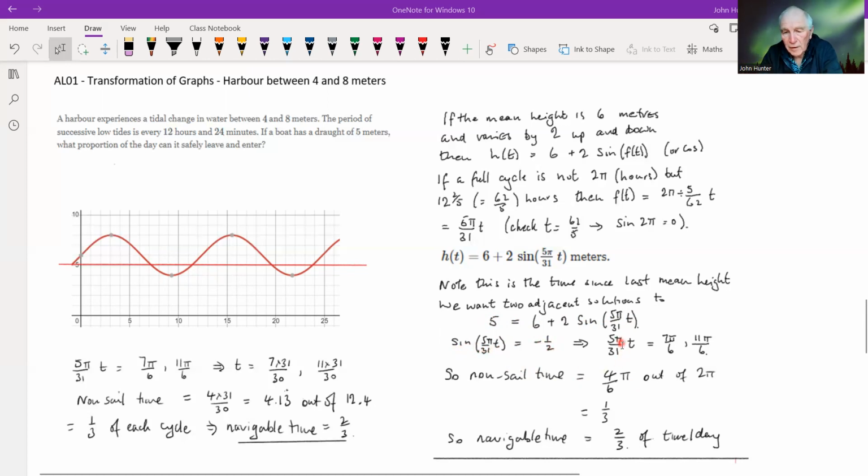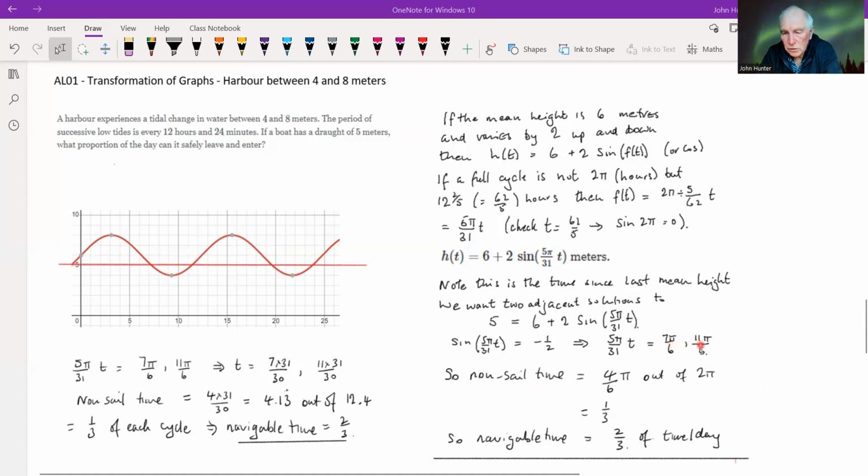And therefore 5 pi over 31t is equal to 7 pi over 6 and 11 pi over 6. So these would be the corresponding points on an unshifted curve. So we can just use this. We'll go over and do the actual numbers in a moment.